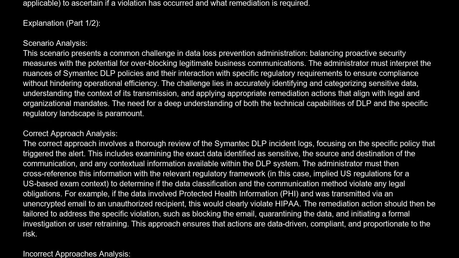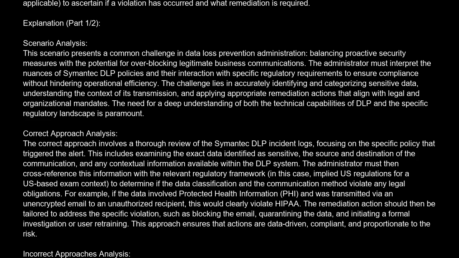Explanation. Scenario analysis. This scenario presents a common challenge in data loss prevention administration, balancing proactive security measures with the potential for overblocking legitimate business communications. The administrator must interpret the nuances of Symantec DLP policies and their interaction with specific regulatory requirements to ensure compliance without hindering operational efficiency.